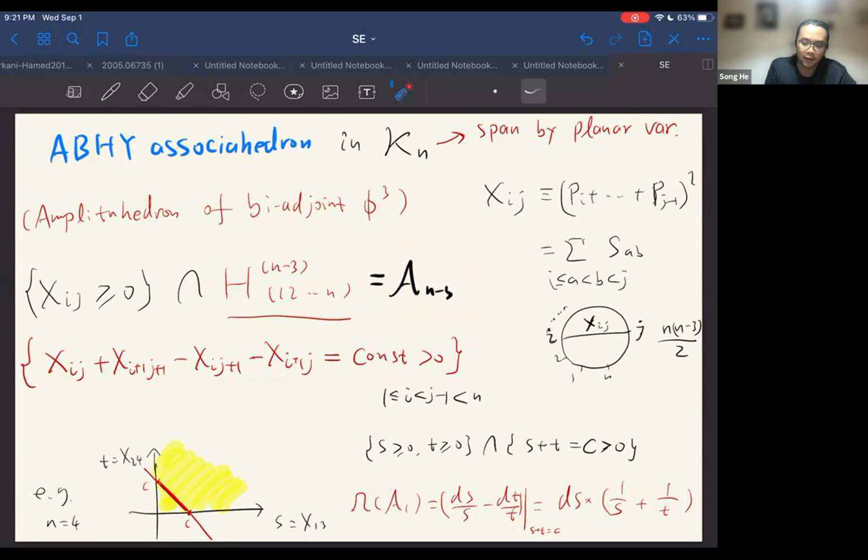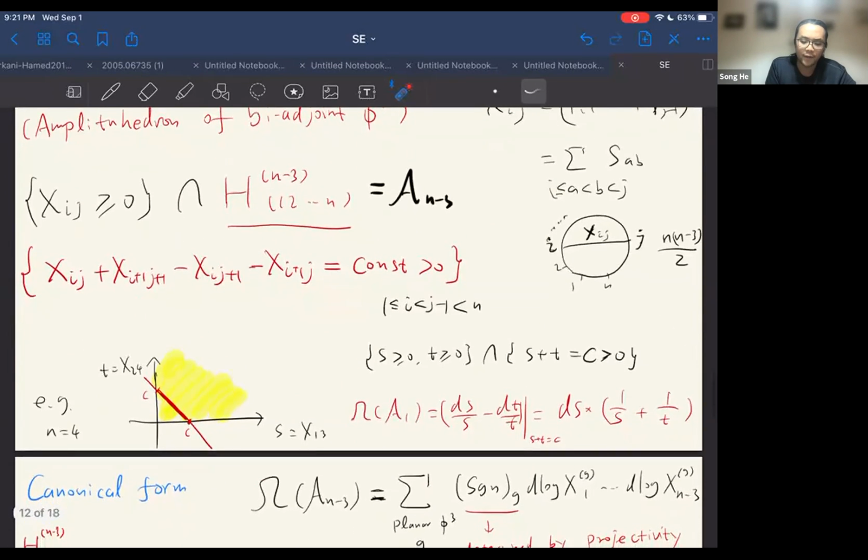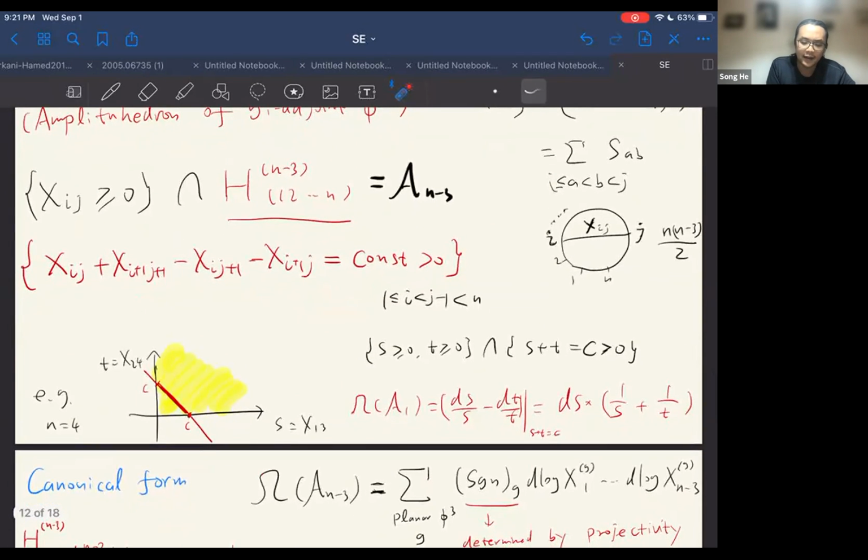I won't give you the details, but the subspace is just defined by some condition like that: a linear combination of these X's being constant. Just look at the 4-point example. If you have both s and t positive, you have your first quadrant, and this condition becomes just s plus t is a constant. So it's this line. By going to this one-dimensional subspace, you get a line interval, which is your one-dimensional associahedron.